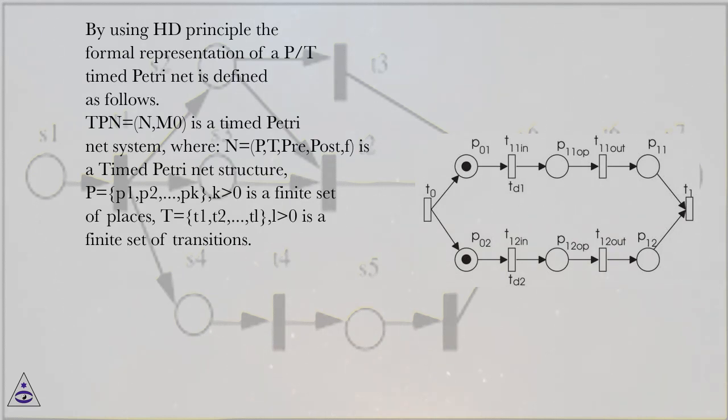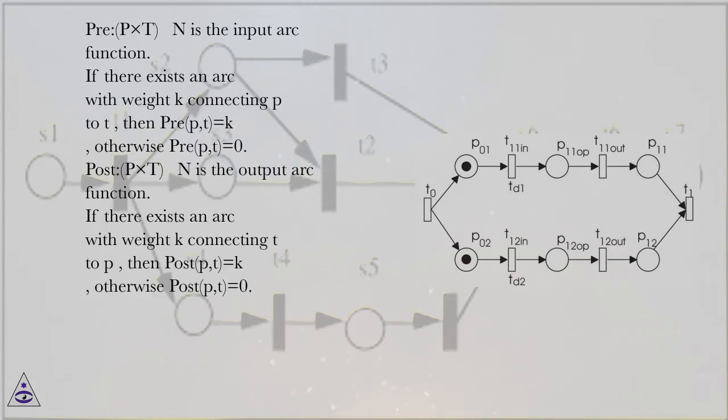TPN equals (N, M0) is a timed Petri net system, where N equals (P, T, pre, post, F) is a timed Petri net structure, P equals {P1, P2, ..., PK}, K greater than 0, is a finite set of places, T equals {T1, T2, ..., TL}, L greater than 0, is a finite set of transitions. Pre, P times T to N is the input arc function.